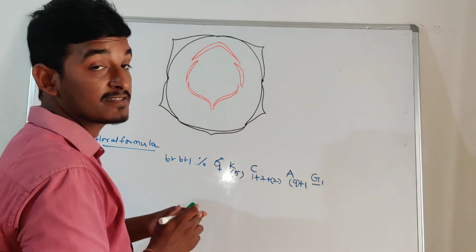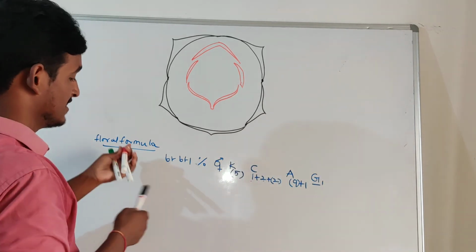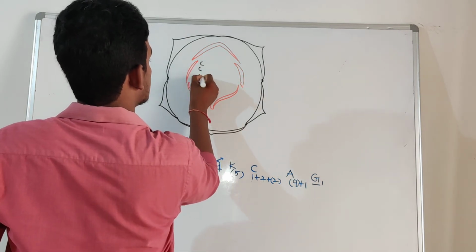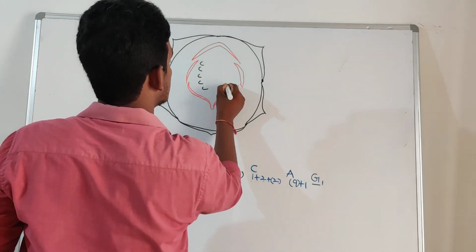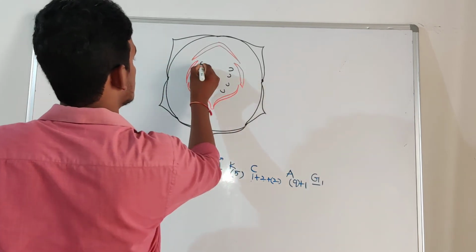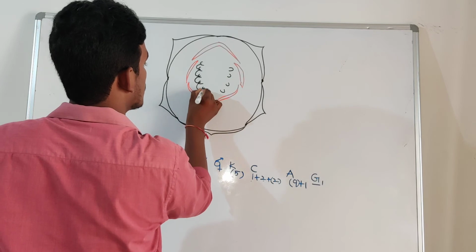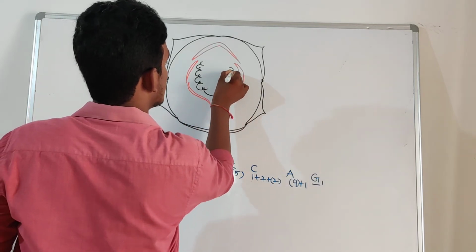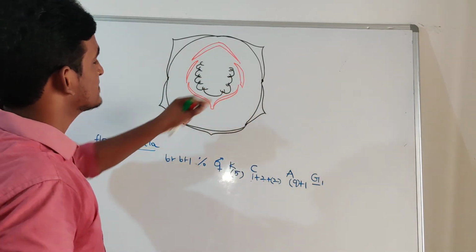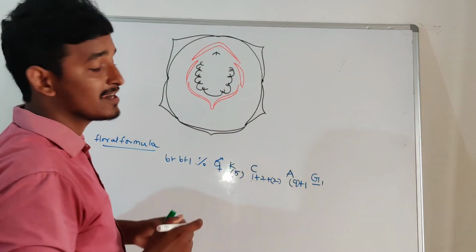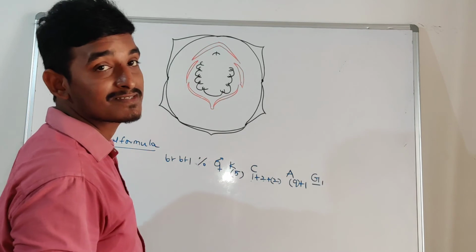Later about stamens. Total how many stamens are present? 10 stamens. Right? These 9 stamens are united, and the remaining one stamen is free, so it is a diadelphous condition.